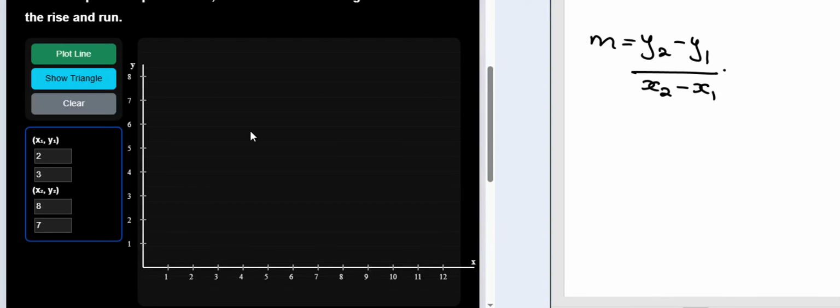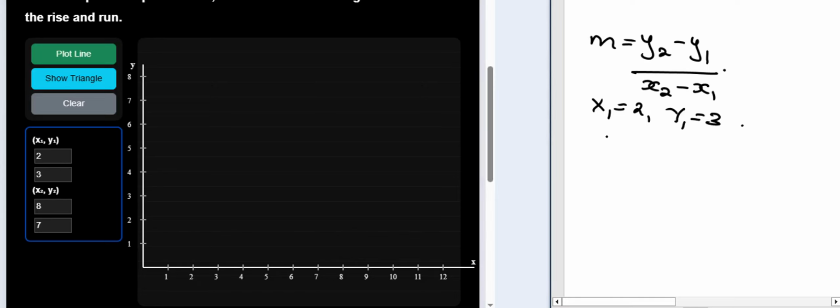So let's say we have a graph like this, and we want to plot a straight line in this graph. So I can just pick random coordinates of the line. For example, in my case, I can pick 2 to represent x1. So x1 is 2. Then 3 to represent y1.